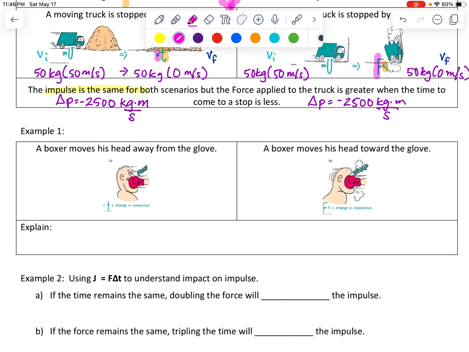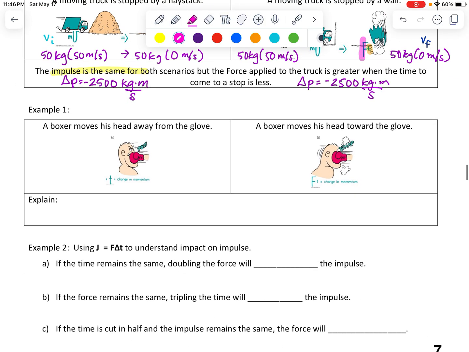Okay, example 1, the concept. A boxer moving his head away, that's really important, right? Moving away from the glove versus moving toward the glove, okay? Again, you can see in the picture that this time is big versus this time being small. Therefore, remember, force and time are inversely related, right?